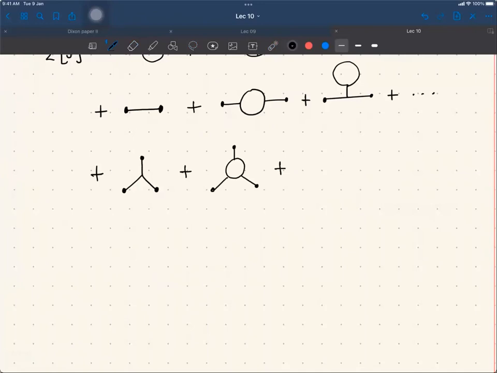Then there is a diagram which is given by this plus these. These are all G cube contributions to the J cube term, and then there are higher order in V or G.